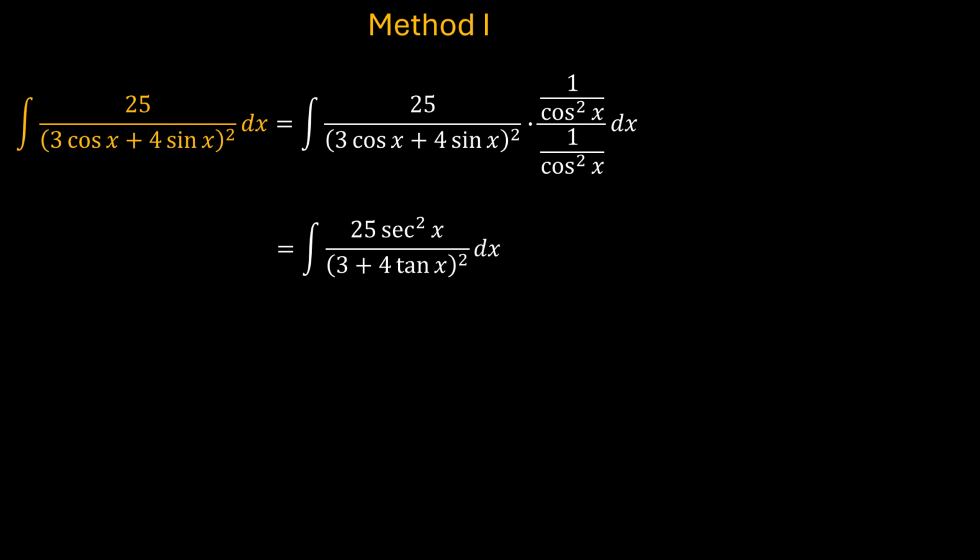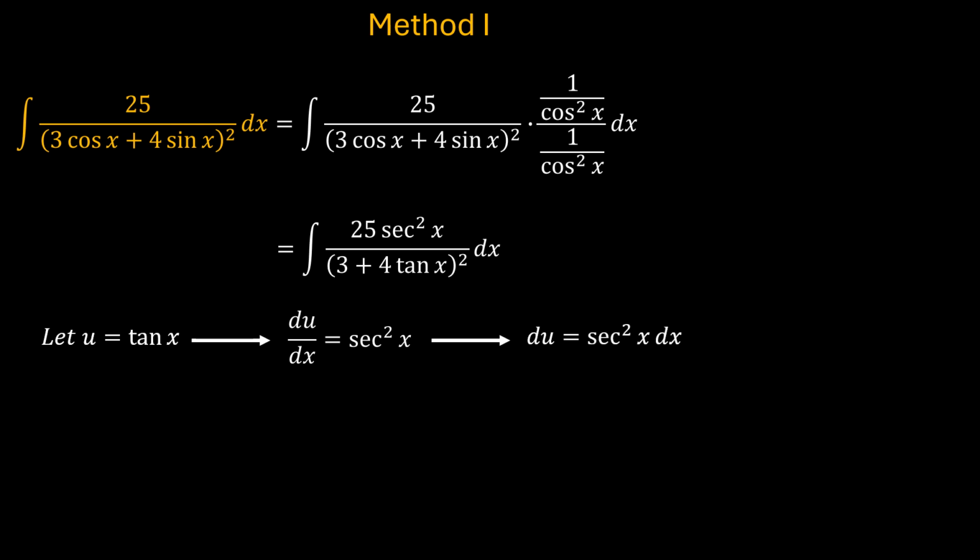x) all squared. And so we can go ahead and substitute and say let u be equal to tangent of x, and that means du/dx is secant squared x, so we can now substitute for secant squared x dx, this part here, with du.